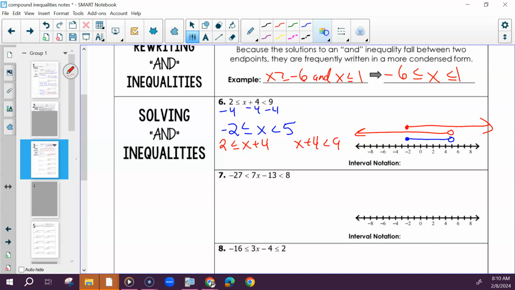It reads the same thing. This is saying that x is between -6 and 1. It's greater than -6, but it's less than 1. It's saying the same thing.